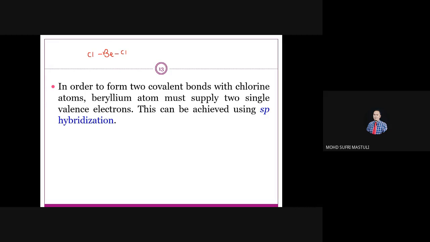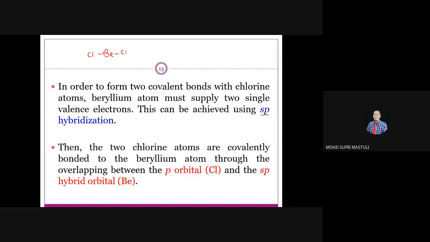This can only be achieved by using sp hybridization. If we don't proceed with the sp hybridization, the energy diagram has no single electron. So the two chlorine atoms are covalently bonded to the beryllium atom through the overlapping of the p orbital of chlorine and the sp orbital of beryllium.